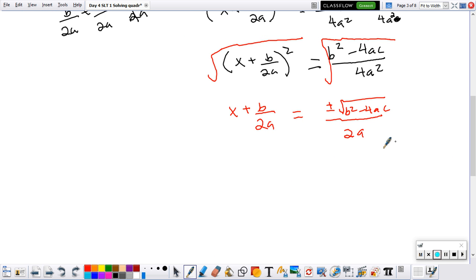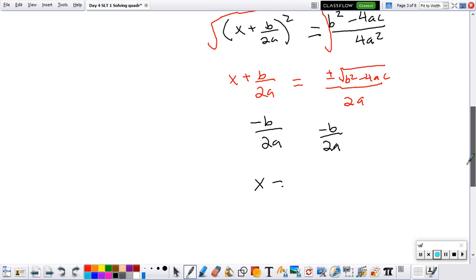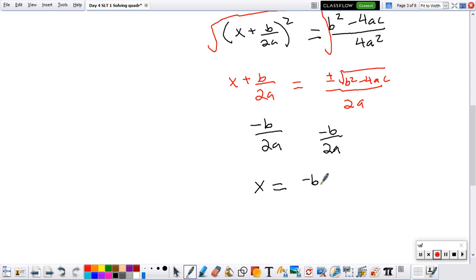If we subtract b over 2a from both sides, we already have common denominators, that's a bonus. We have now derived the quadratic formula: x equals negative b plus or minus the square root of b squared minus 4ac, all over 2a. Ta-da. The quadratic formula comes from completing the square.